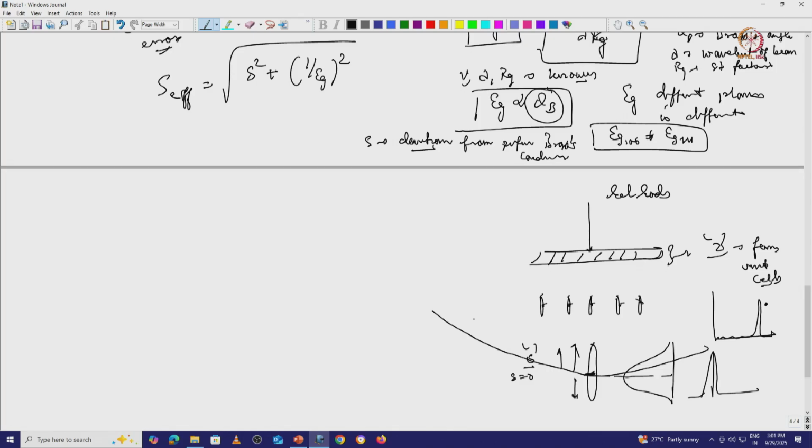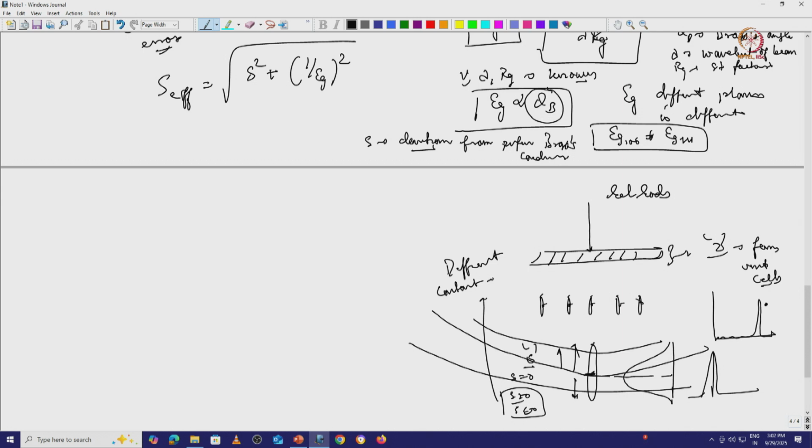If the Ewald sphere cuts at the top, you can tell S is greater than 0. If it is at the lower, you can tell S is less than 0. Okay. So this is called deviation factor from the Bragg's condition, and this is very important in the diffraction contrast imaging of defects.